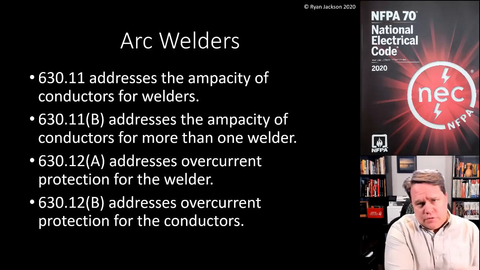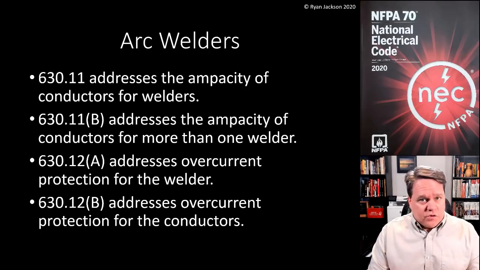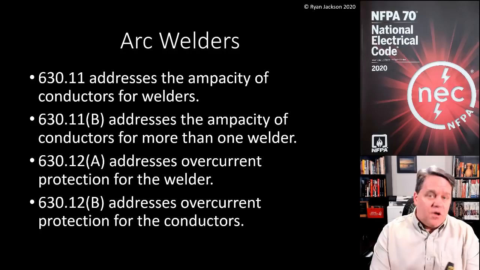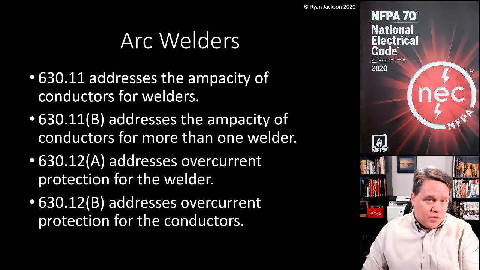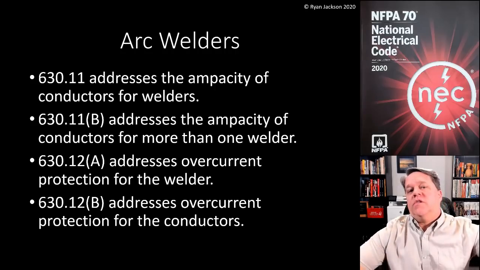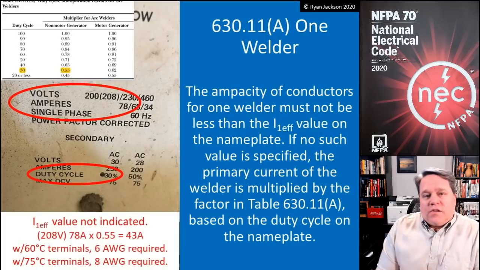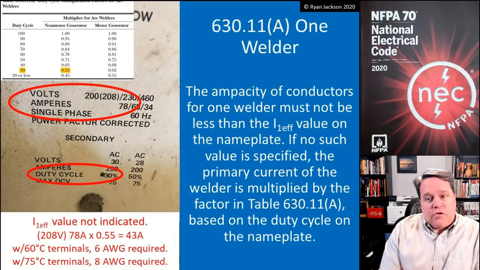I would read Article 240 to protect the conductors. Now, here in Article 630, there's not quite as much jumping around, but we do have specific rules for the equipment and different rules for the conductor, and we need to make sure that we satisfy both requirements for overcurrent protection. So let's start out with the conductor sizing.